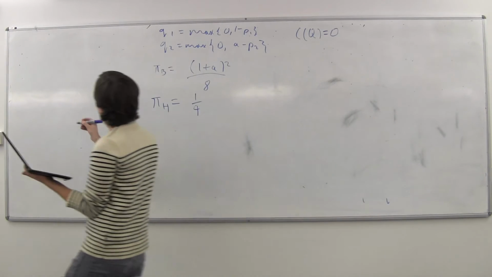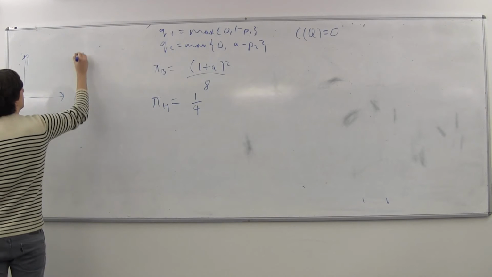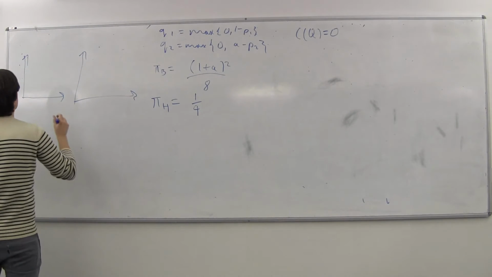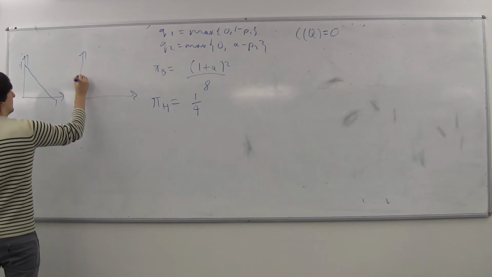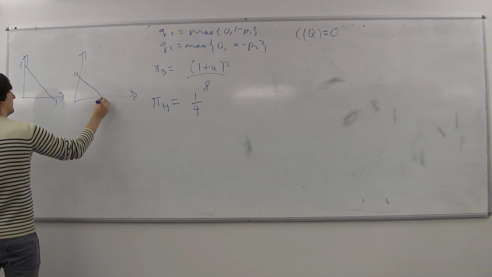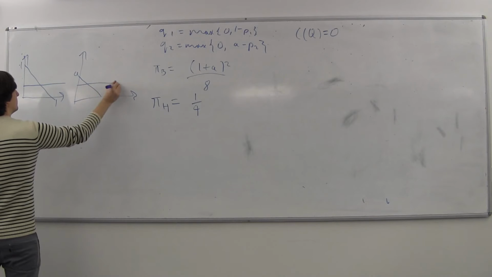So let's draw our two markets. Two separate markets. Here's one, that's 1, that's 1. Here's the other, this is A, this is A. And we've got some price.